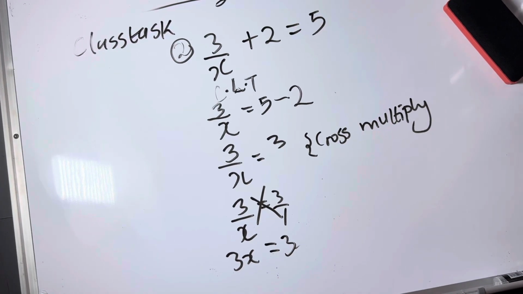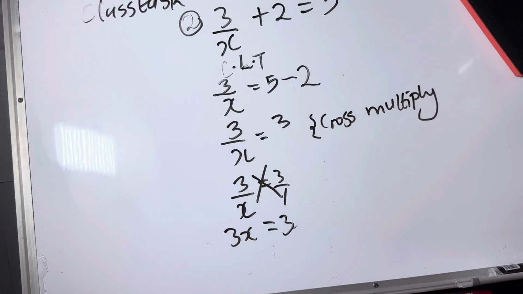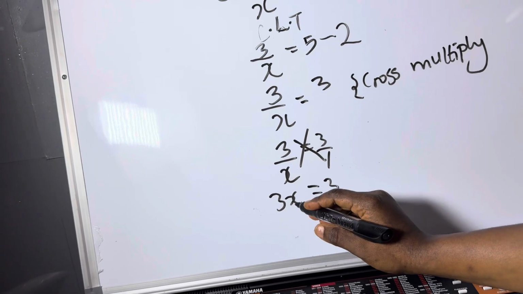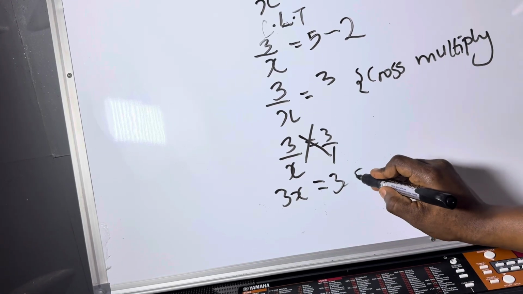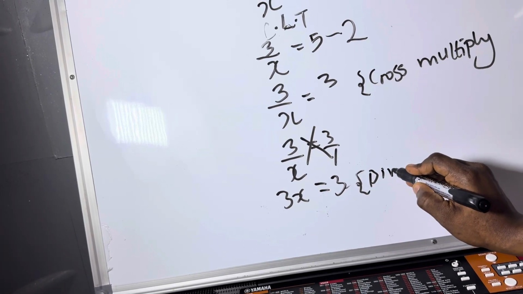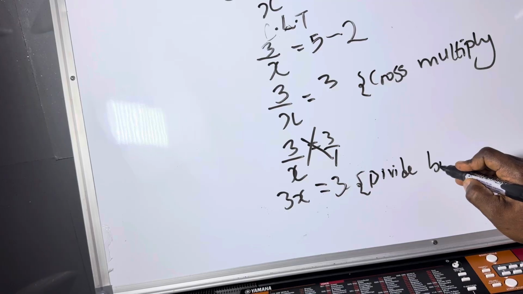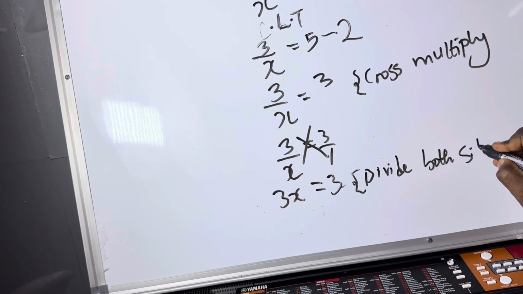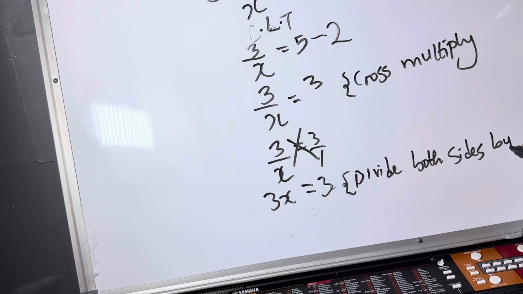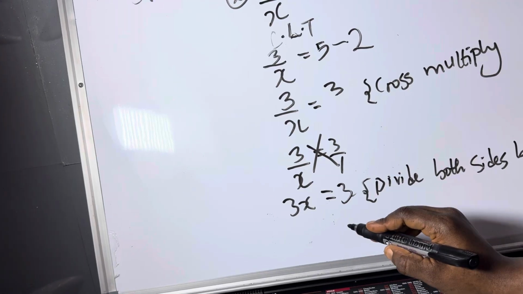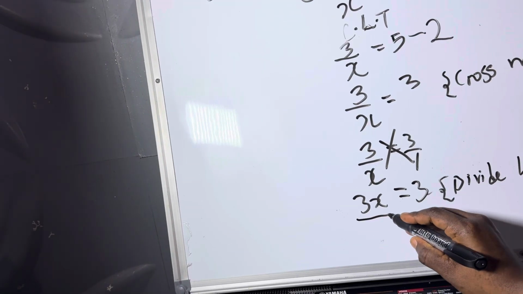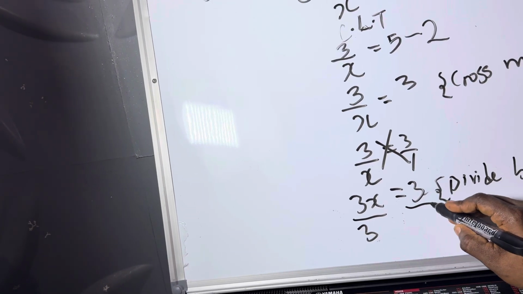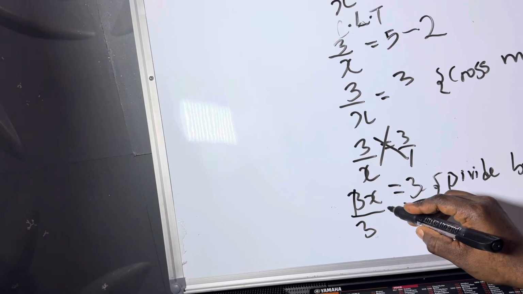Now, to make x the subject of the formula, I will divide both sides by 3. So now we have 3x over 3 equals 3 over 3. 3 cancels 3.